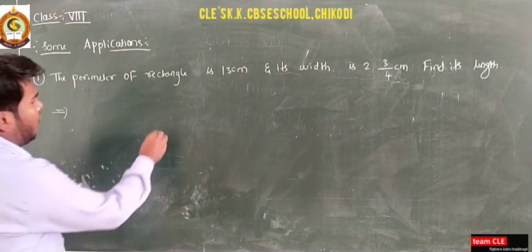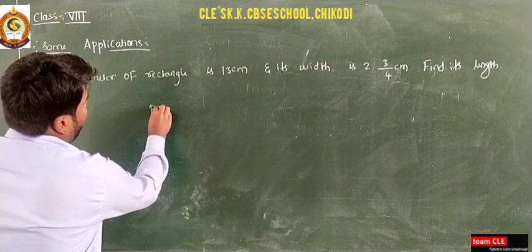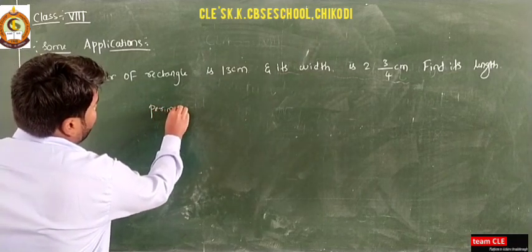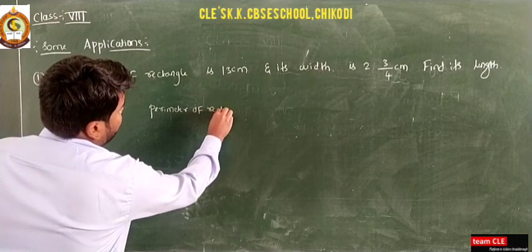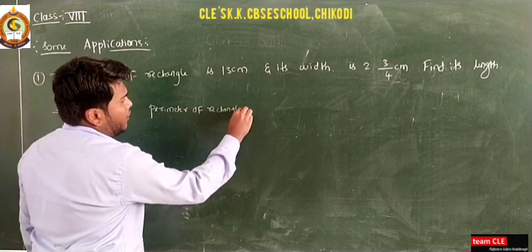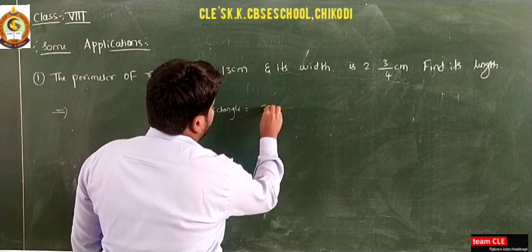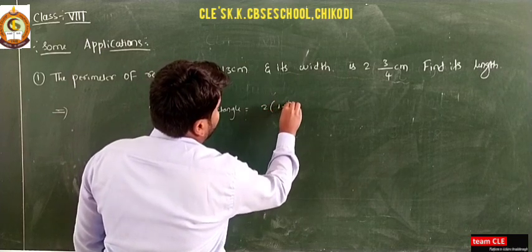You already learned in perimeter and area the perimeter of a rectangle formula. That is 2 into (L plus B).